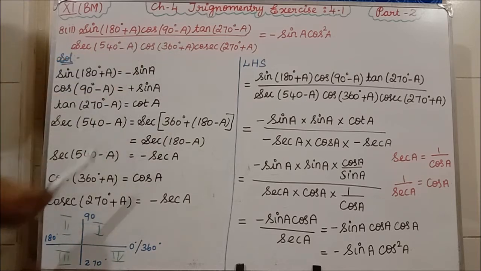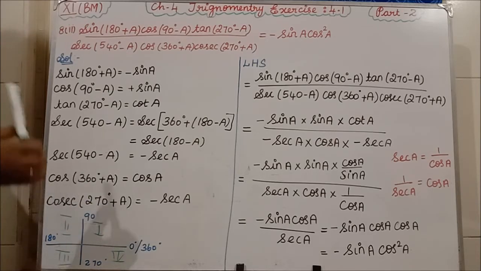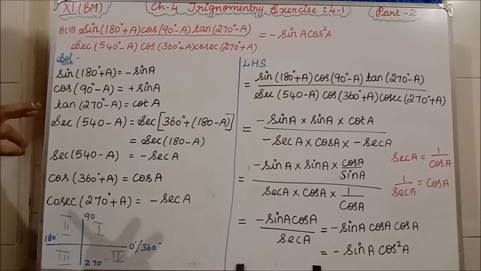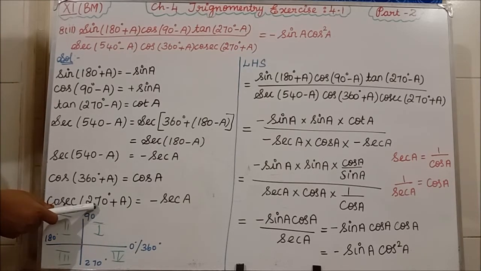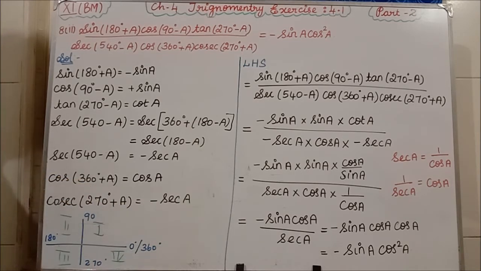Here the last one is cosecant 270 degree plus A. We are using 270. For 90 and 270 the trigonometric ratio will change. So cosecant I have to change to secant. Now 270 degree plus A means it will lie in the fourth quadrant.